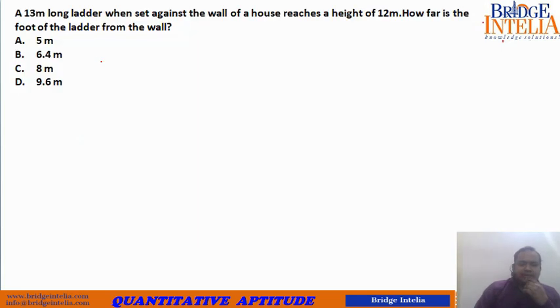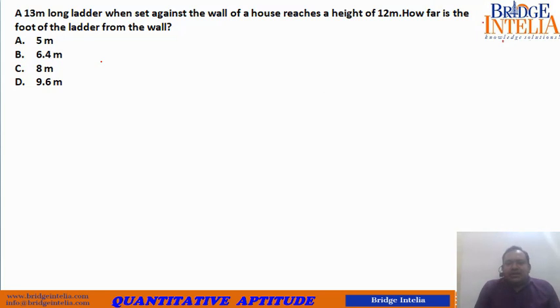Now this one: a 13-meter long ladder, when set against the wall of a house, reaches a height of 12 meters. How far is the foot of the ladder from the wall?